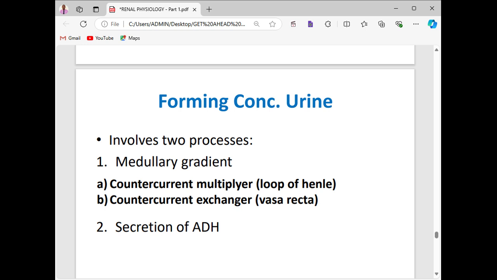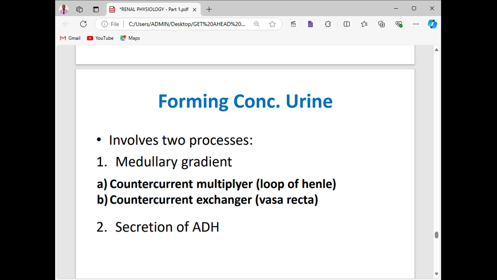The medullary gradient includes two aspects. You have the countercurrent multiplier, which is by the loop of Henle. By the way, the medullary gradient is also known as the osmotic gradient.